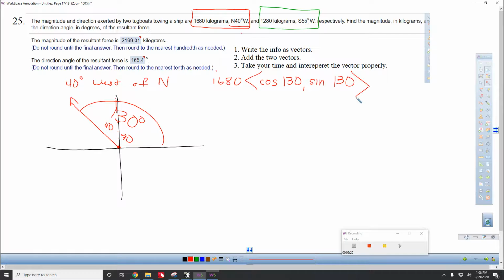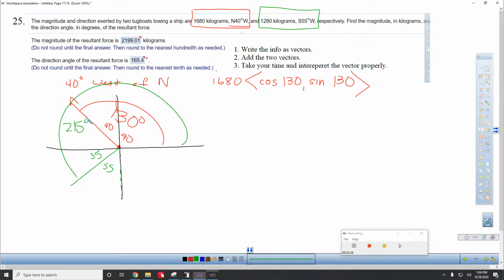Now, the green one is 55 degrees west of south. So here's south. 55 degrees goes that way, which means we have 35 degrees here. Add 35 to 180, and that's 215 degrees for the green vector.